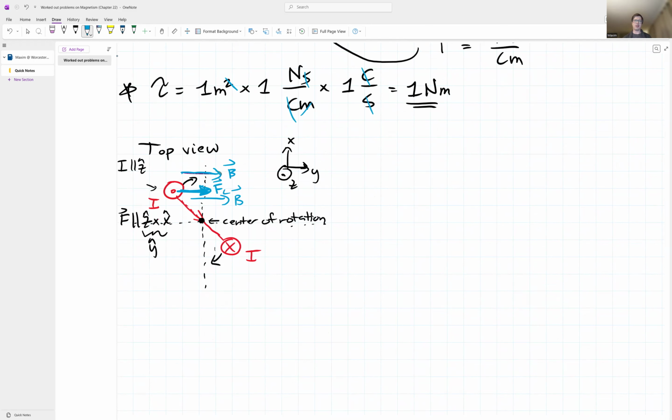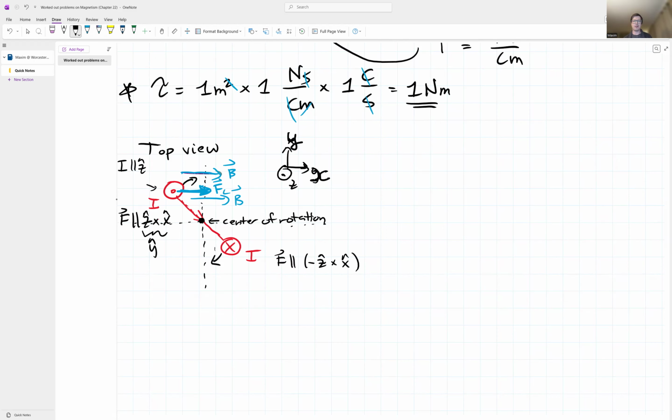For this right one, the force should be parallel to, now the current is going into the board, so it's minus z hat cross x hat. Oh, sorry, this should have been x, right? X is always the horizontal one. This is y. Maybe I messed this up.